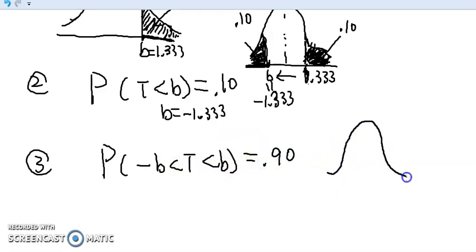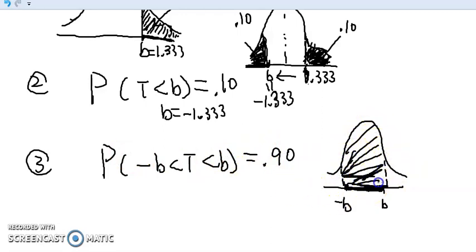So let's draw a graph to help us. b is on the right side of 0, and negative b is on the left side of 0. And it says that t is between negative b and b, which means t is going to be these values from negative b to b. And the area under the curve that corresponds to the probability here is equal to 0.90.